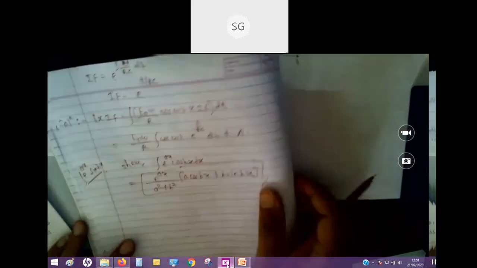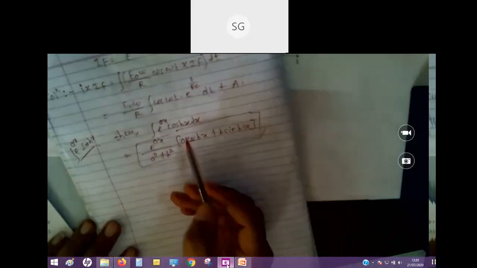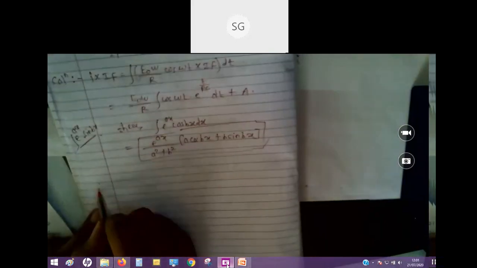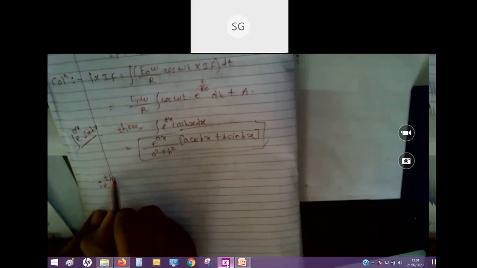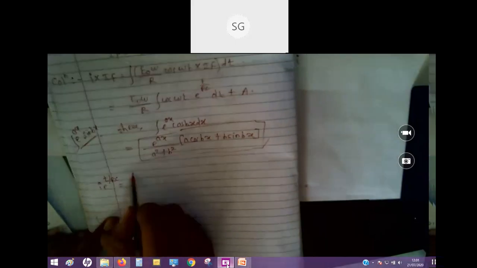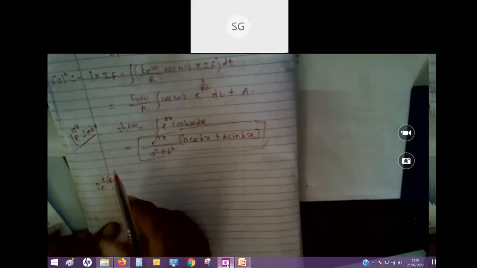Then by using this, and taking e raised to t by rc, we will directly have the LHS as I into e raised to t by rc equal to, now a very big equation will be there. Please try to understand.